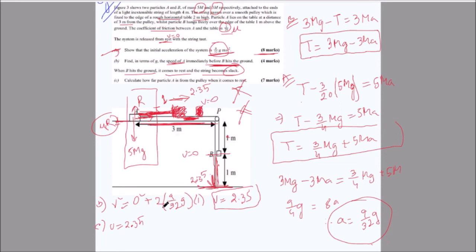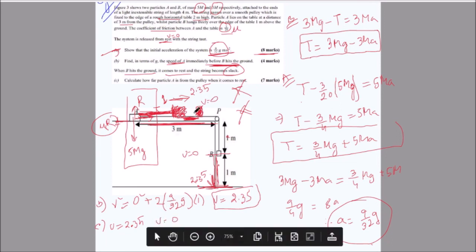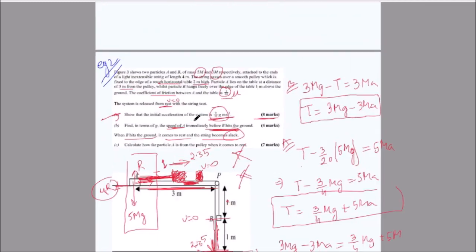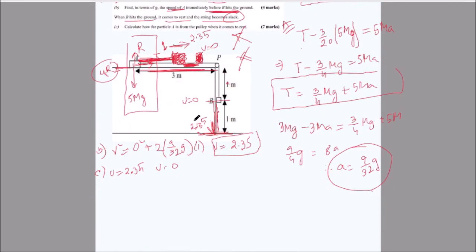So V is 0. But what is the acceleration? Since you cannot use the previous one, and it will not even accelerate, it will start decelerating because of the frictional force. So you need to calculate the new value for A. For that, we use the equation of motion of particle A, the first line.